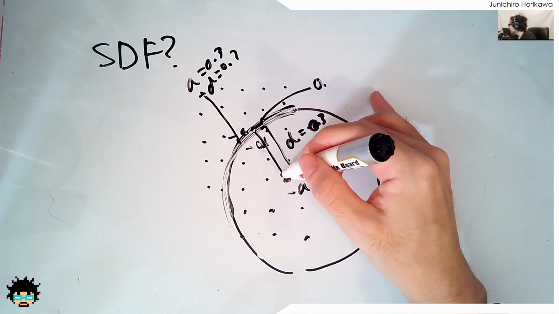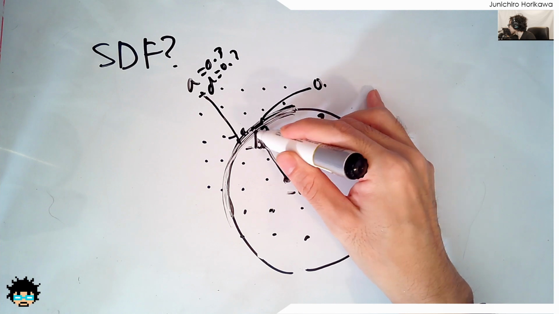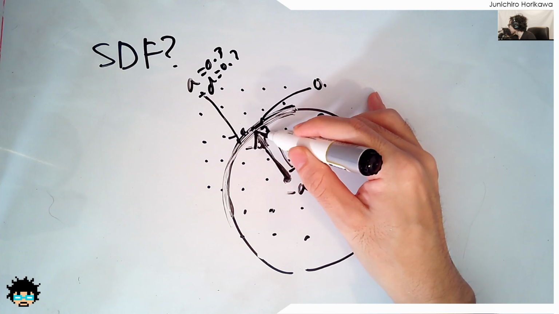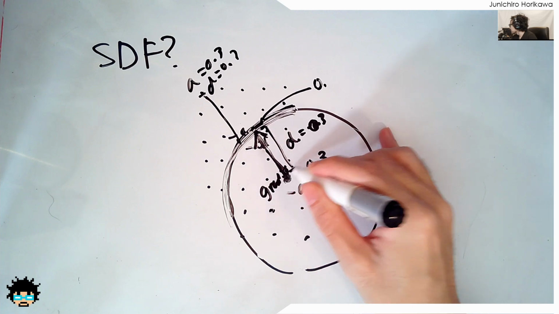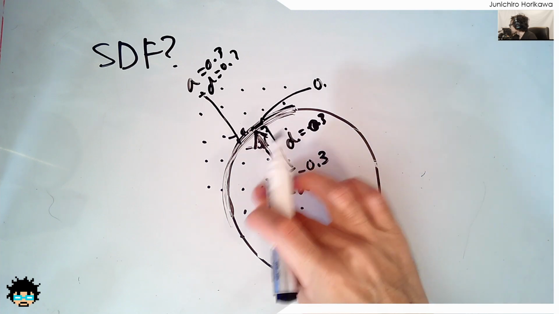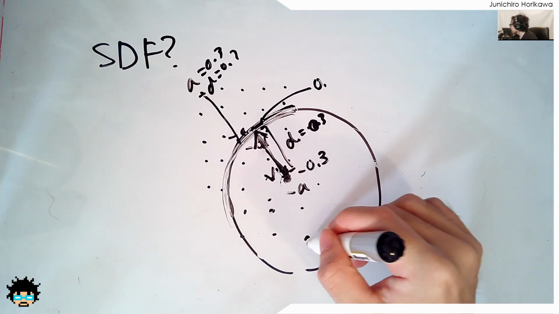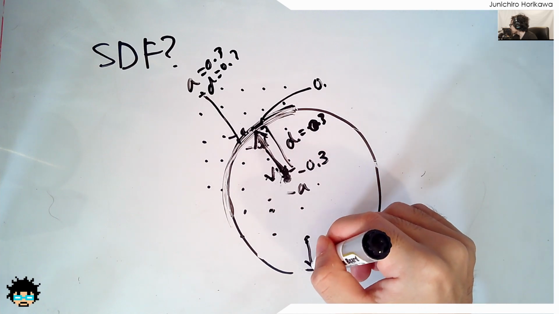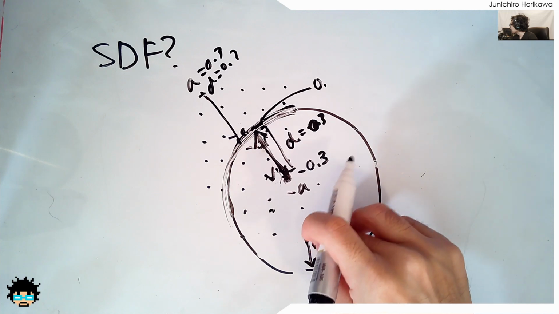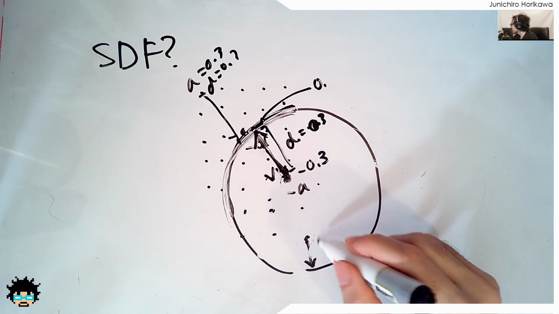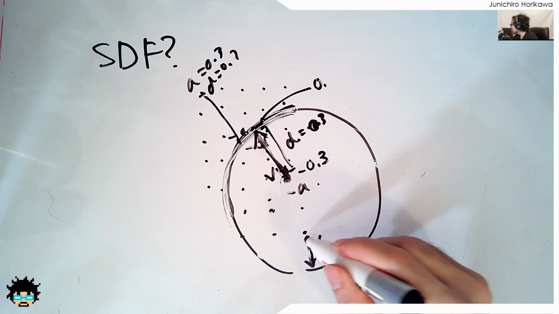What you get is this directional value, the normalized directional vector, as a gradient. Let's call this V. And for this point, the closest direction is right here. So this gradient value is going to be retrieved as the gradient value at this point.